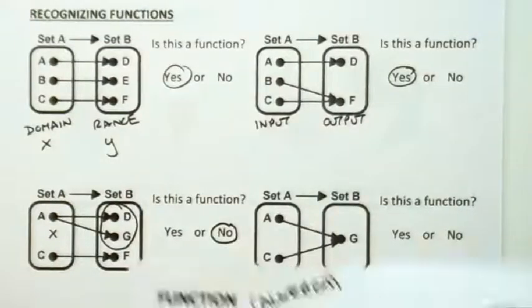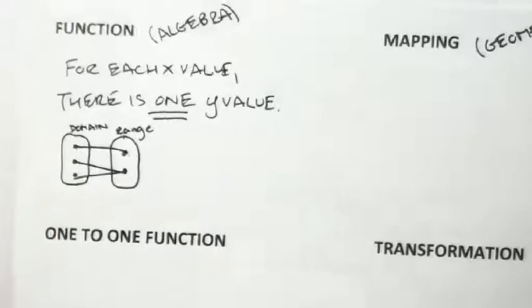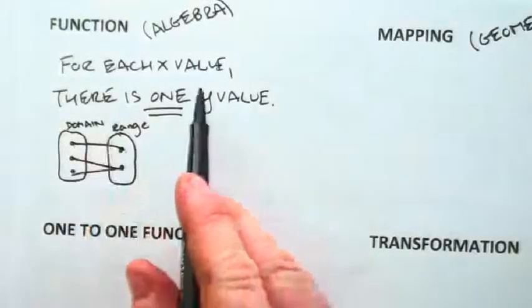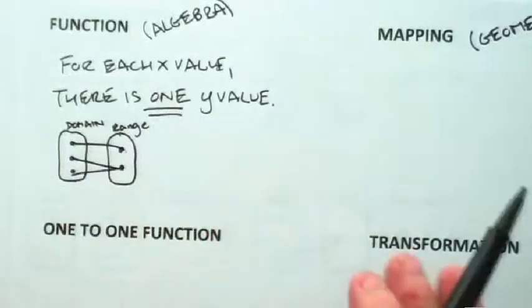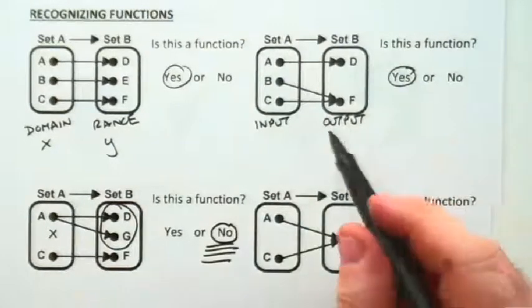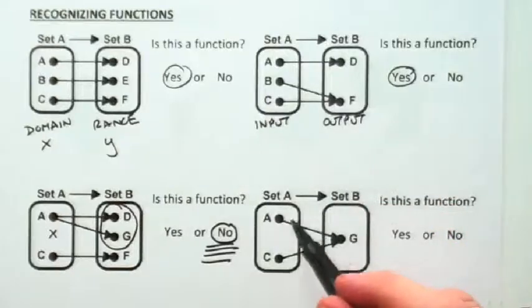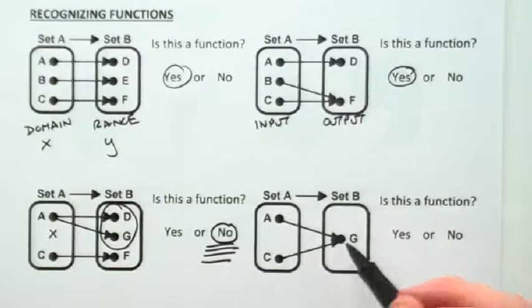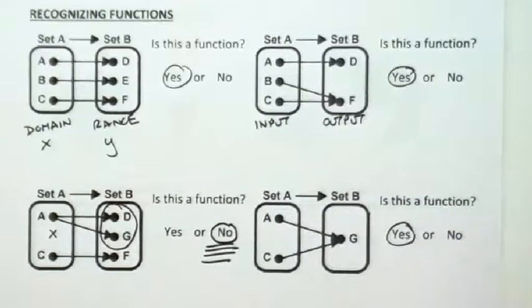Let's take a look at it again. It basically says for each x value there is one y value. And so this is a no answer. This one again is like the one above it, just simpler. A goes to G, C goes to G. Yes, this is a function.